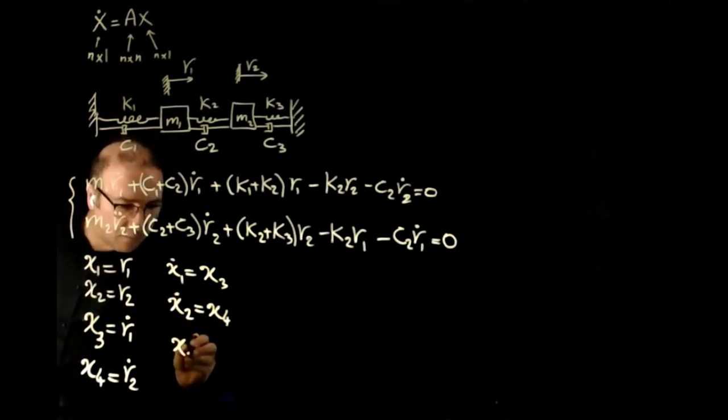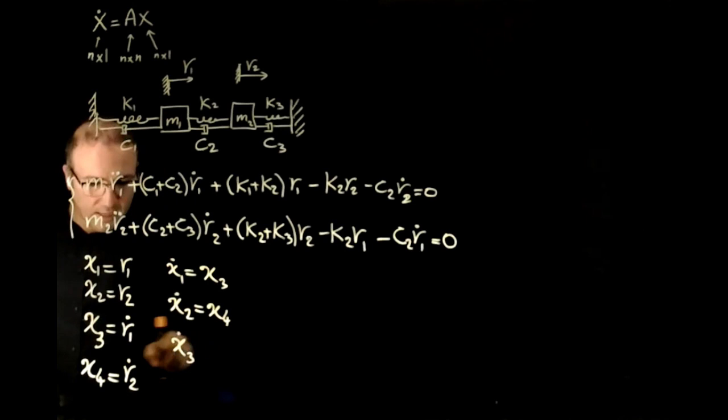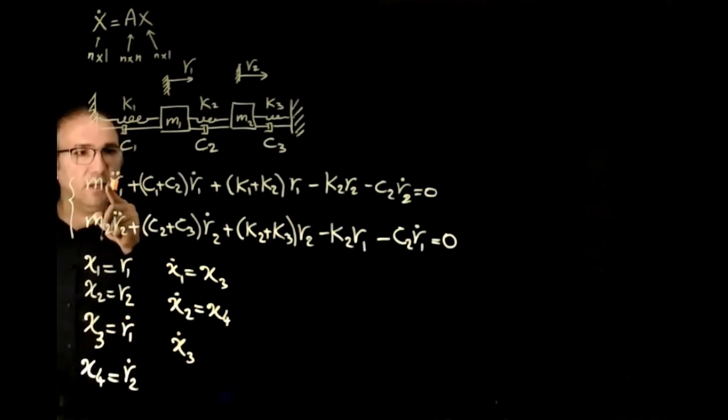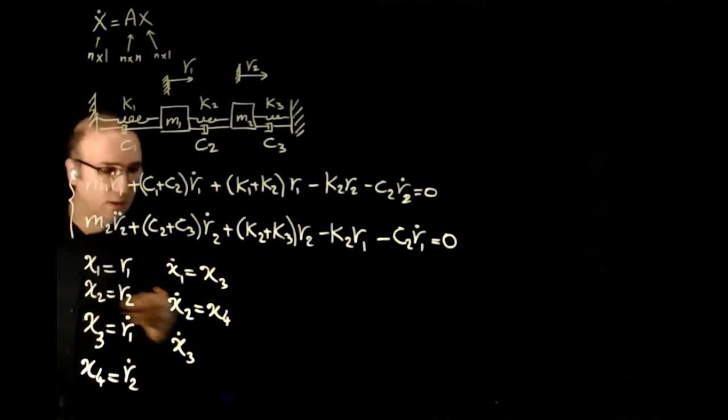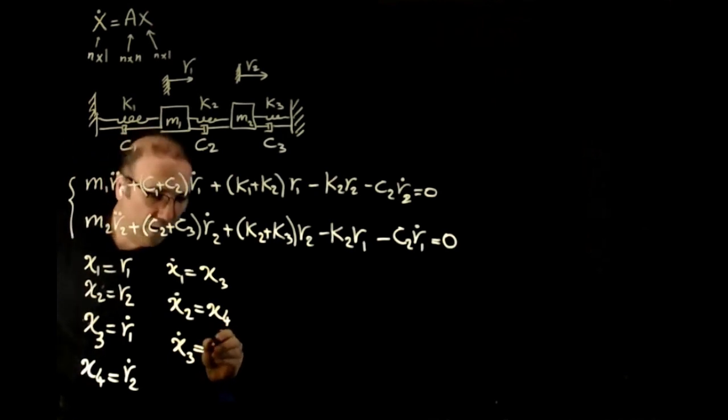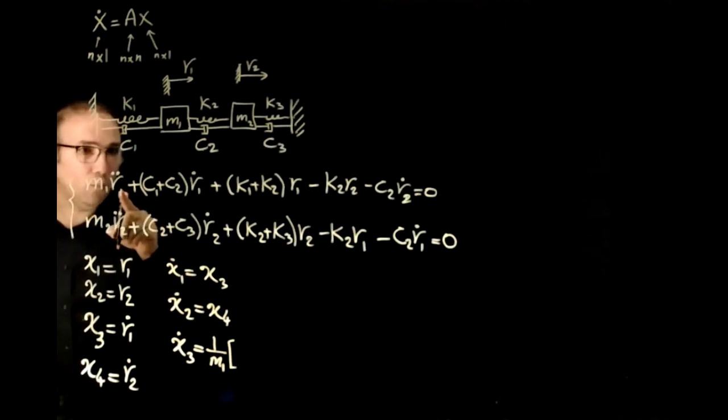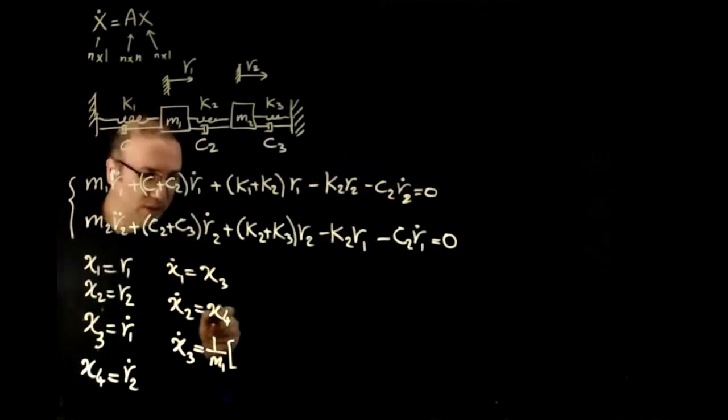x3 dot would be R1 double dot, and I have to use this equation. So it would be 1 over M1. I bring everything to that side, and let's use the first term.